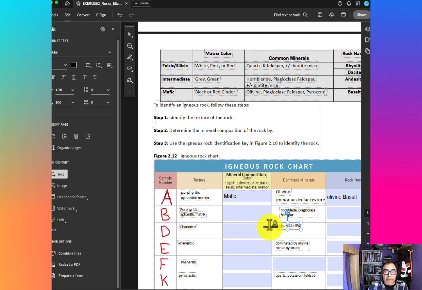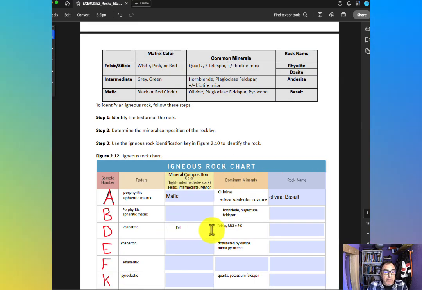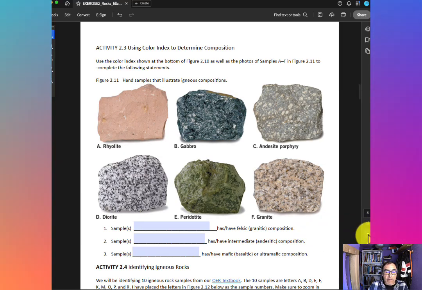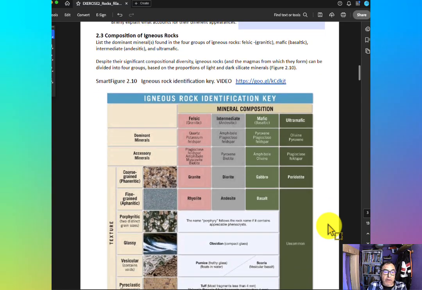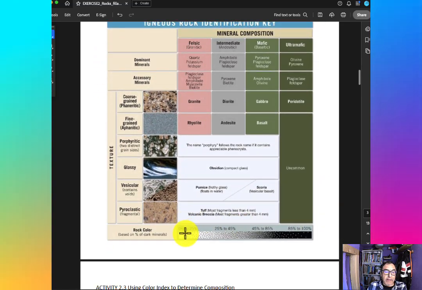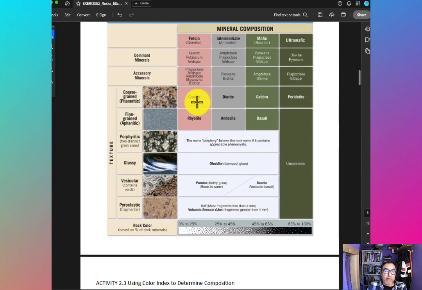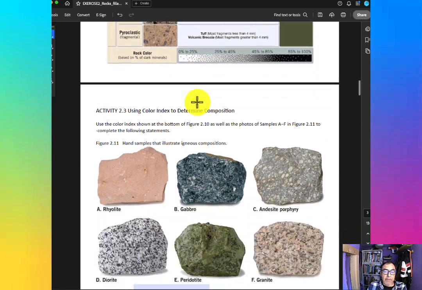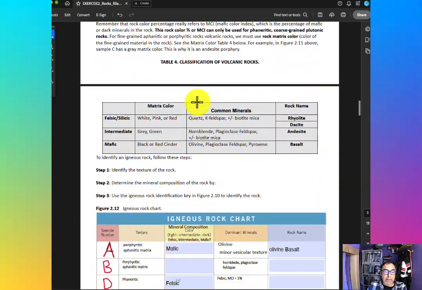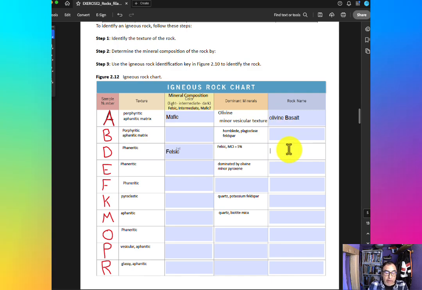That's going to help us identify that a low color index is going to be felsic. So here we want to put felsic, right? And for that low color index, we said it was about 5%, so that's definitely in the felsic. So that rock is a granite, right? So we'll just call sample D granite. And that's what you want to do for the rest of the samples here.